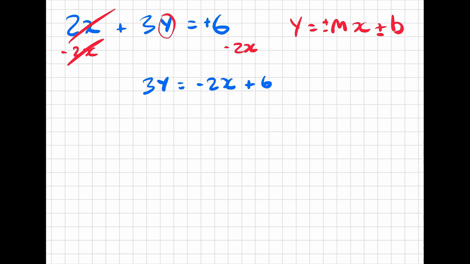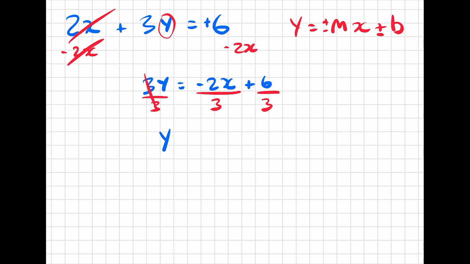Okay, and as you can see, it can be a positive m or a negative m value as well. So now that I've got the negative 2x on the right hand side, I still have this 3 here that I've got to deal with, so I'm going to divide this side by 3, which means I need to divide every term on the other side by 3. So here's my first term, I'm going to divide it by 3. Here's my second term, I'm going to divide it by 3. So on the left hand side, 3 divided by 3 is 1, so we have what we want.